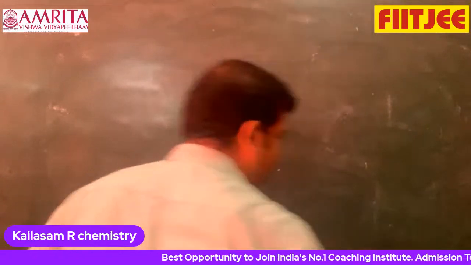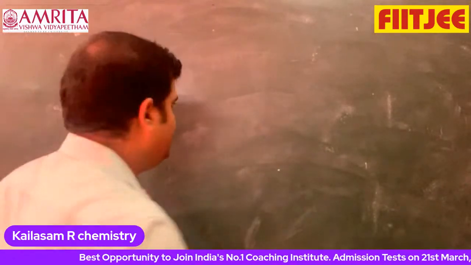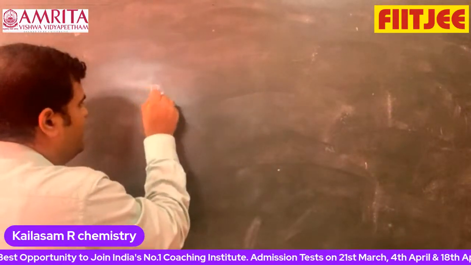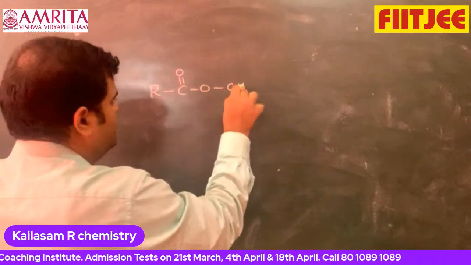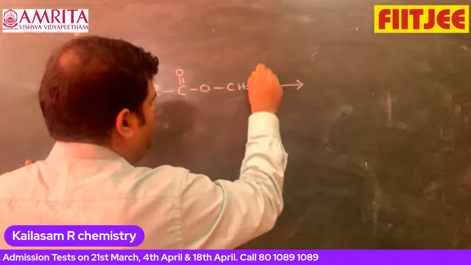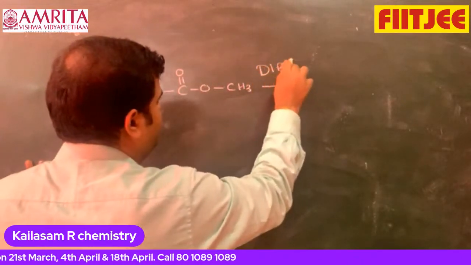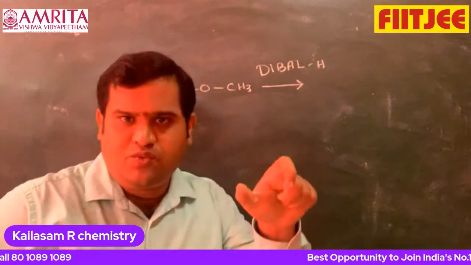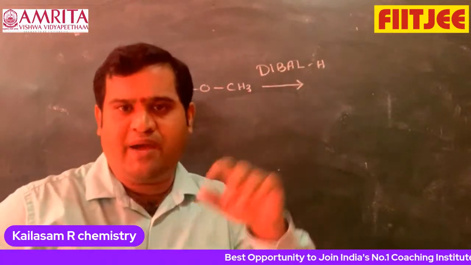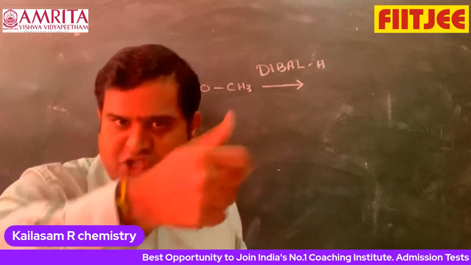Listen. Now take the example R-C double bond O-CH3, and I'm using DIBAL-H. I told you, DIBAL-H is diisobutyl aluminum hydride. It can give only one H minus ion.